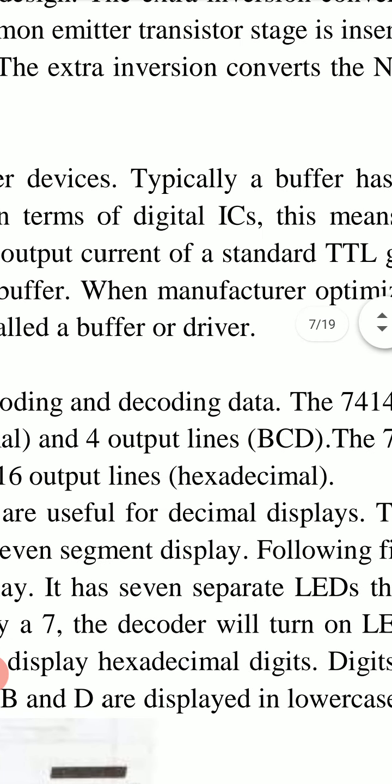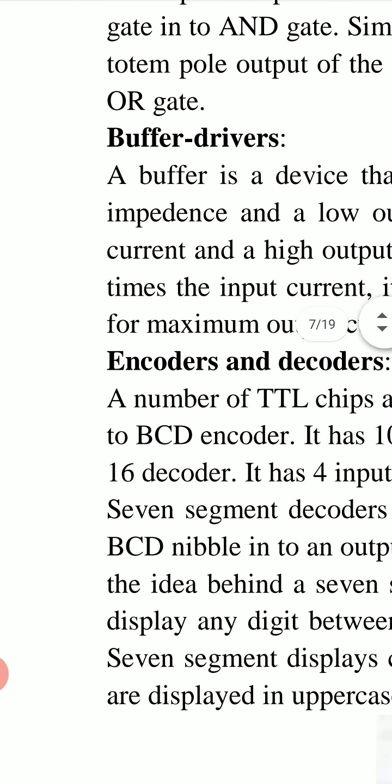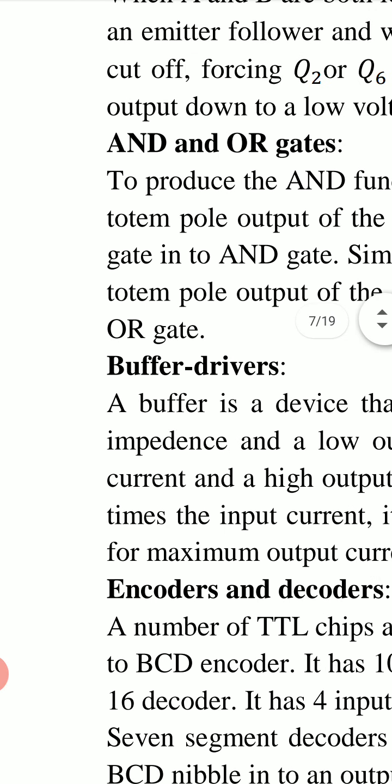The extra inversion converts the NOR gate into OR gate. In this way, by adding common emitter transistor to the basic design of NAND gate, we can form AND gate, and by adding this common emitter to basic design of NOR gate, we can find OR gate.